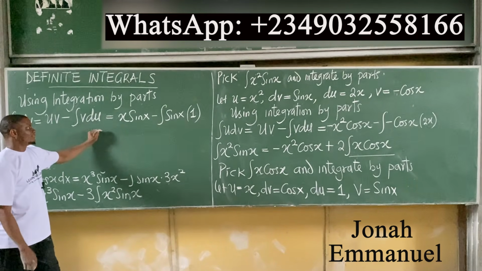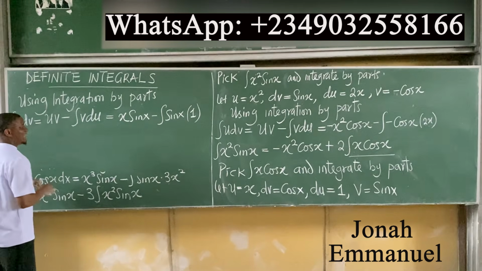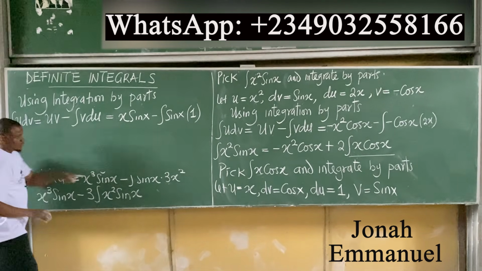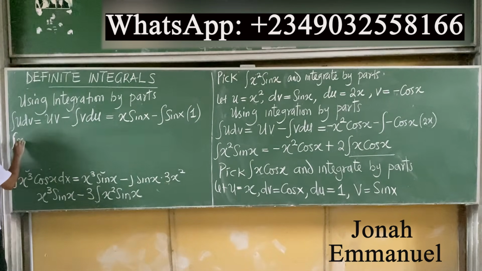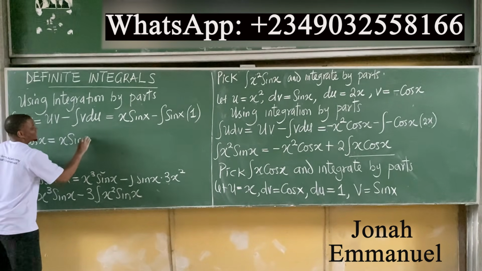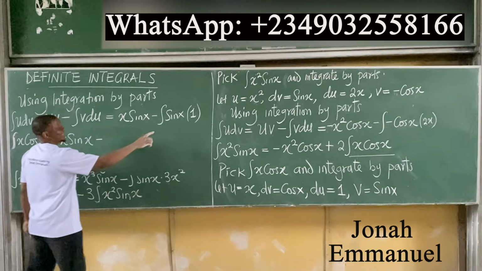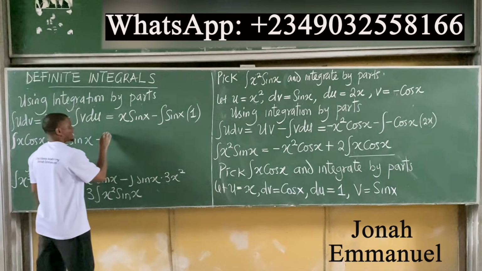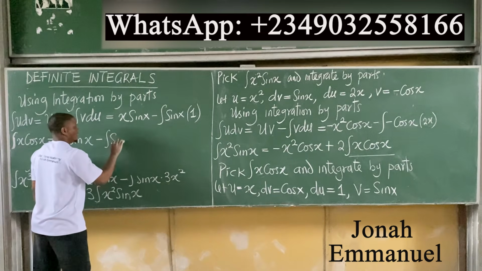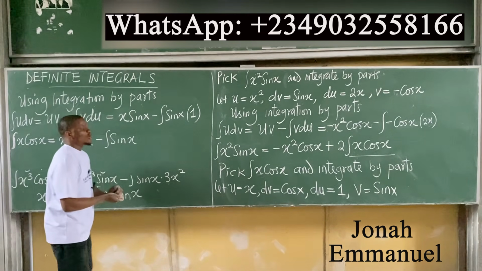That means I am almost good. The integral of x cos x is equal to x sine x minus, please, sine x, sorry, minus the integral of sine x times 1 gives you what there? Sine x. What do you observe again?